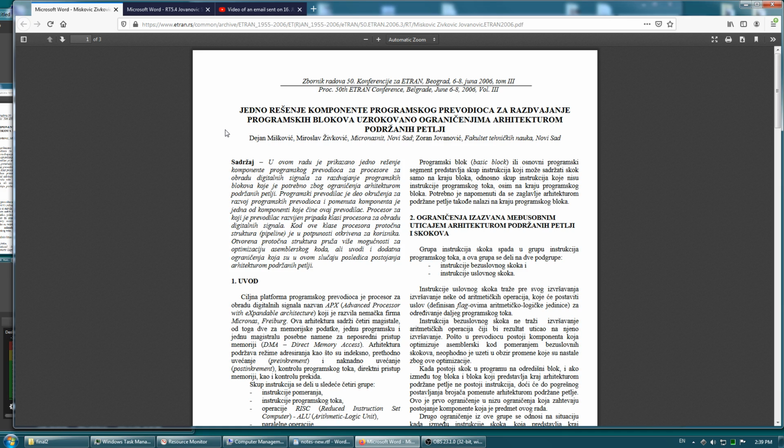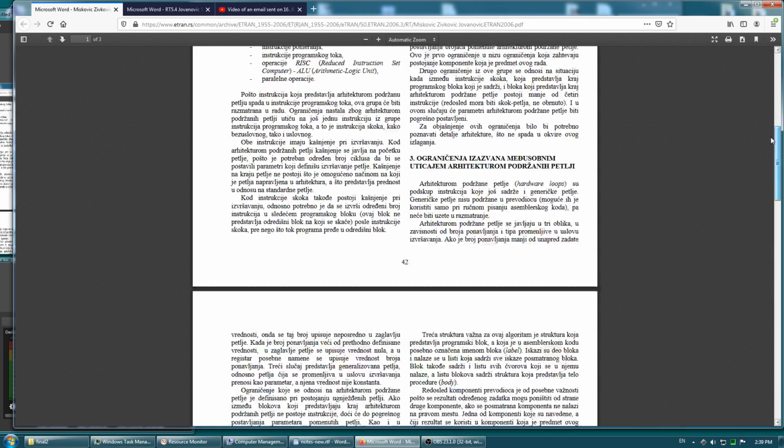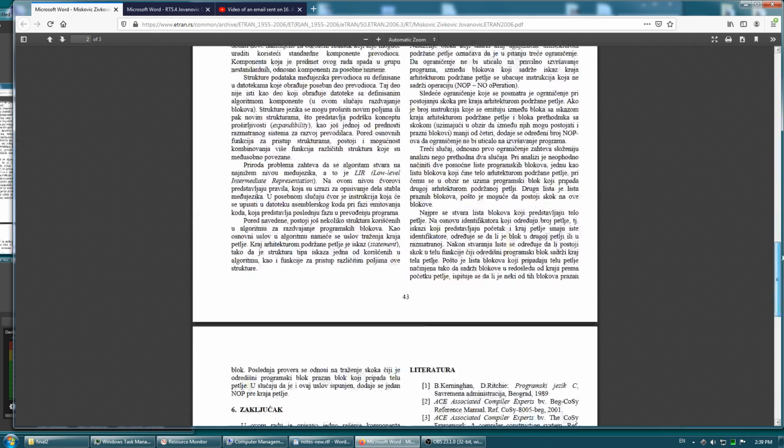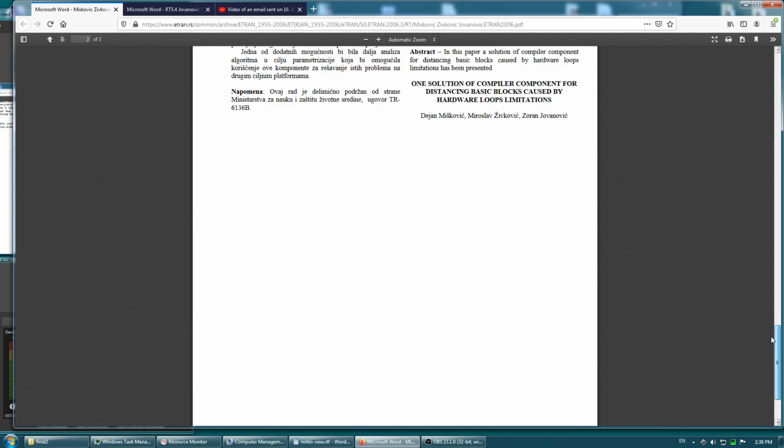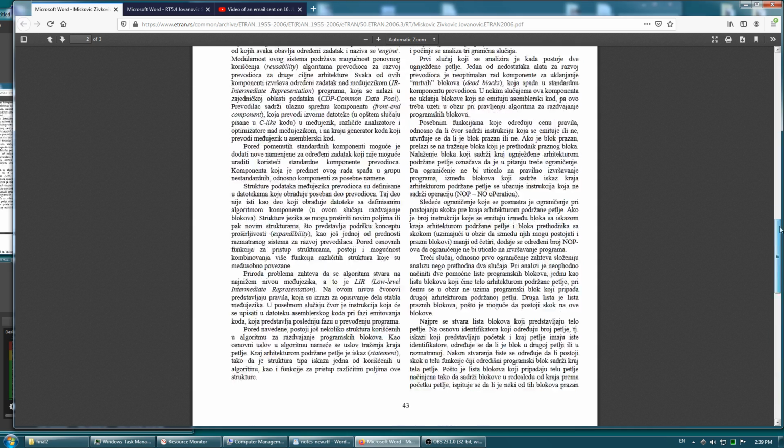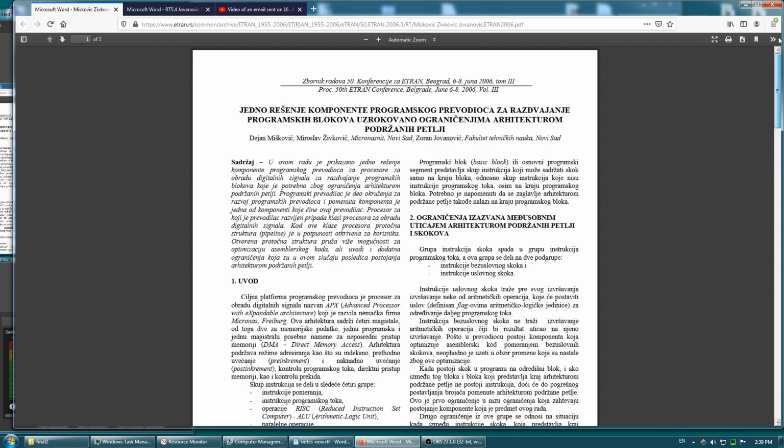When something is supported by hardware, it means it's way faster and more effective. So again, I'm the first author here. Let me show you. That was the second one.